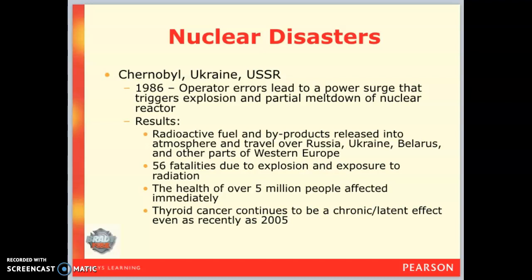It triggers an explosion in the reactor and a partial meltdown of that reactor as well. In the end results, we have radioactive fuel and byproducts being released into the atmosphere, and that atmospheric cloud travels over Russia, Ukraine, Belarus, parts of Western Europe, large parts of Eastern Europe.